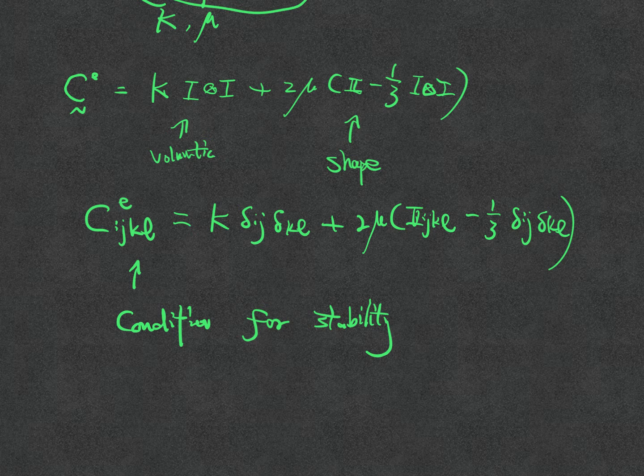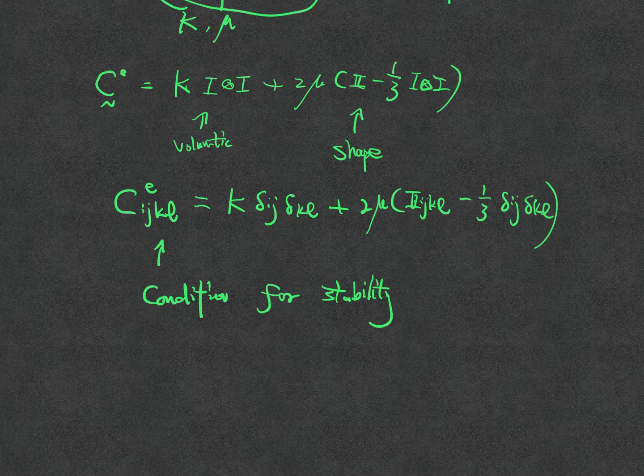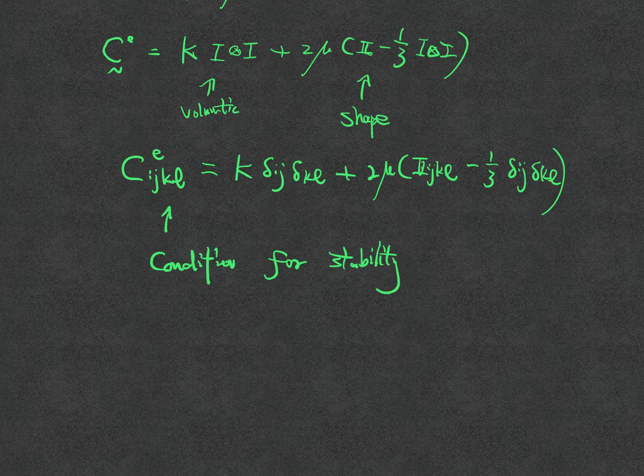That is called stable, okay? You see what I mean? Then the C_ijkl, the elasticity tensor, has to fulfill the following behavior in the case the material is isotropic: the bulk modulus has to be greater than 0, and the shear modulus has to be greater than 0. Does that make sense?